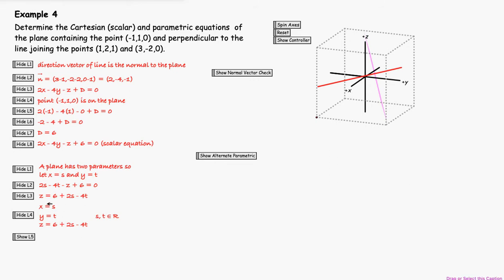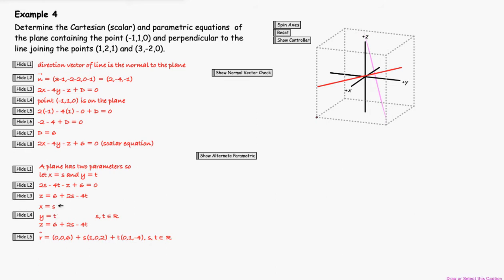So writing them this way so that it's clearer, here are our 3 parametric equations: x equals s, y equals t, z equals 6 plus 2s minus 4t. I do have to state that s and t are any real numbers. Then we can go to the vector equation. So the point now is going to be 0, 0, 6. The direction vector for s is going to be 1, 0, 2.